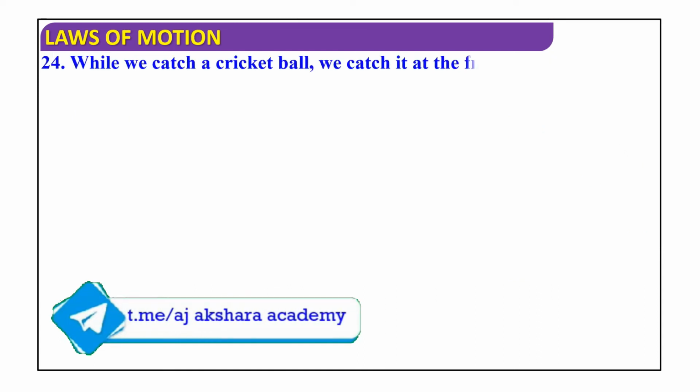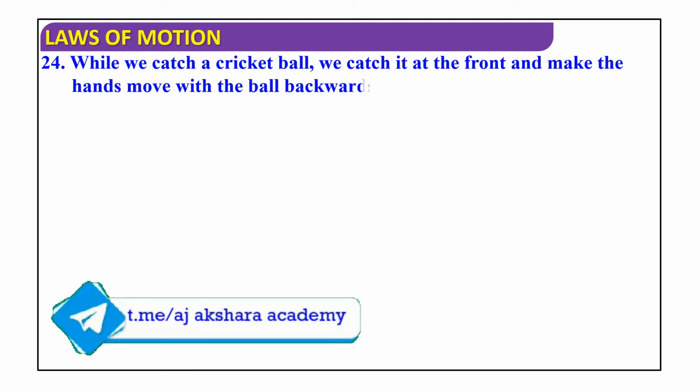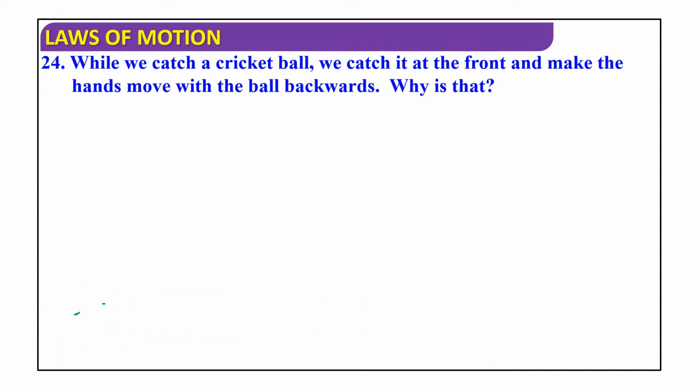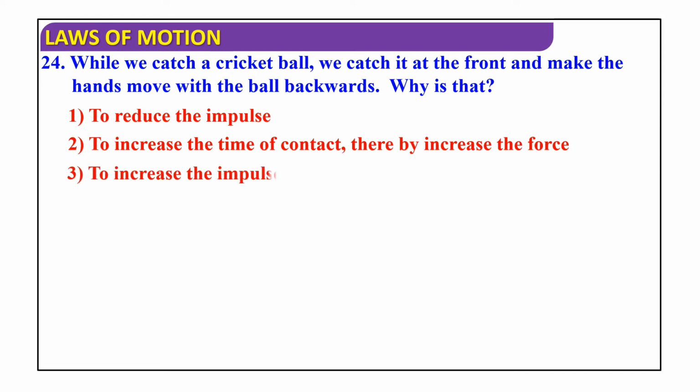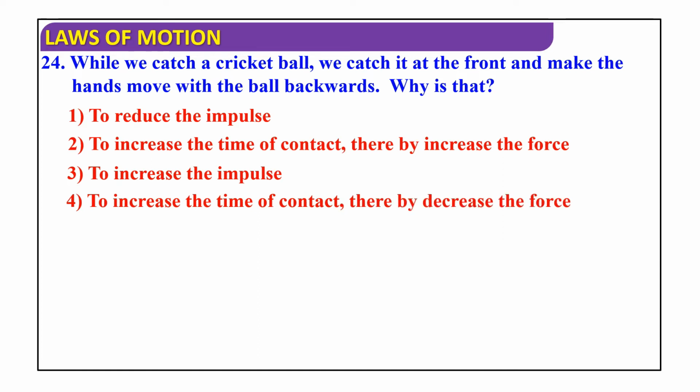While we catch a cricket ball, we catch it at the front and make the hands move with the ball backwards. Why is that? To reduce the impulse, to increase the time of contact thereby increase the force, to increase the impulse, to increase the time of contact thereby decrease the force.